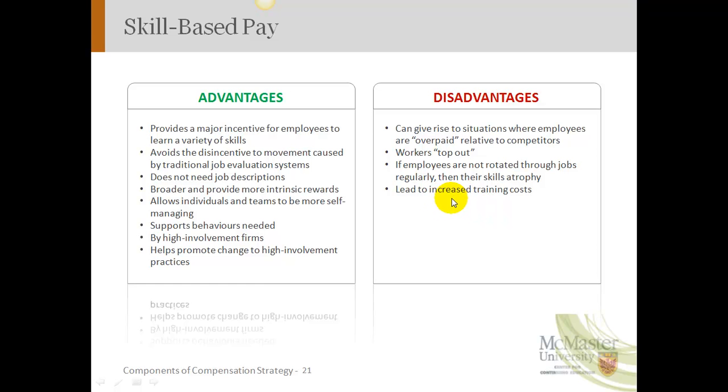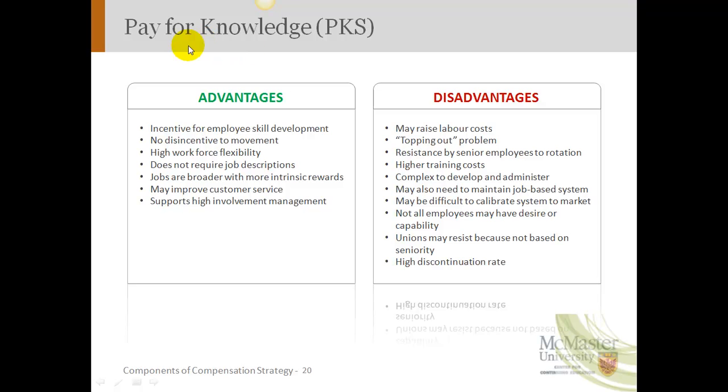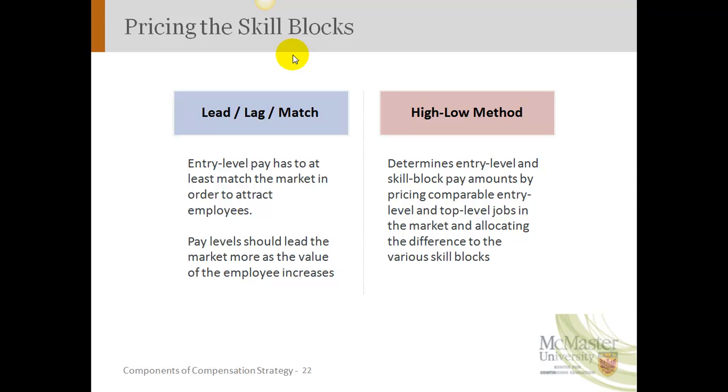So a lot of these advantages and disadvantages of competency-based pay for workers at an operational level, and again under pay for knowledge for workers at a professional or managerial level are outlined in your text, so you can read more there. How are we going to pay these people? How are we going to price what we call the skill blocks?